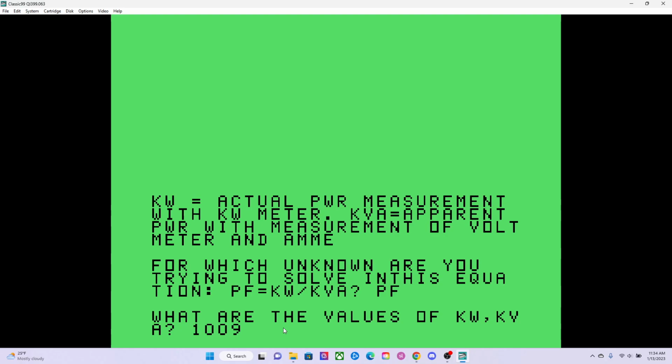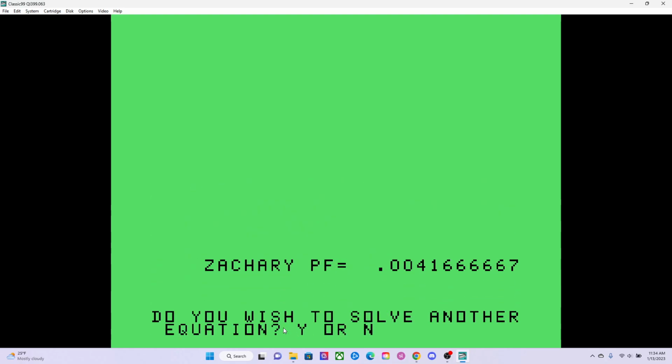Let's say we have 1 kilowatt, and the kilovolts apparent, let's say we've got 240 kilovolts apparent. I'm not sure I've plugged in realistic values or not. If not, I apologize to anyone who does know how this works. The power factor equals 0.004166666666 and so on.